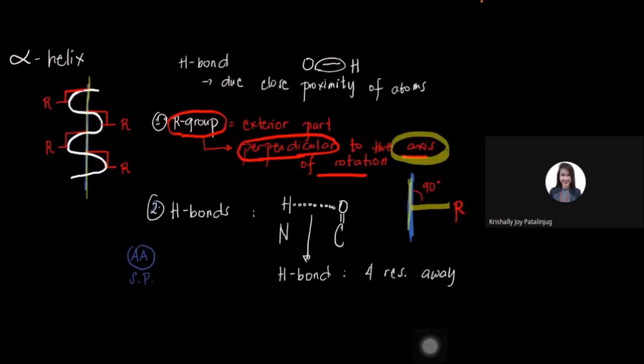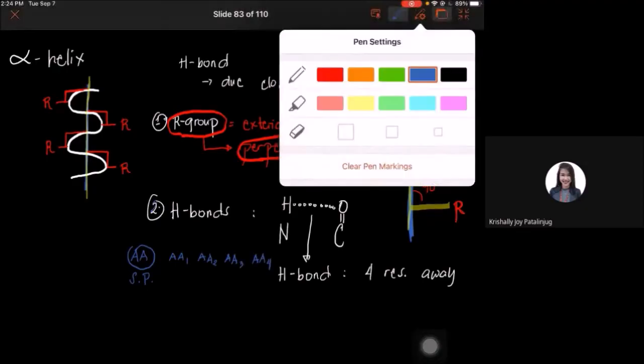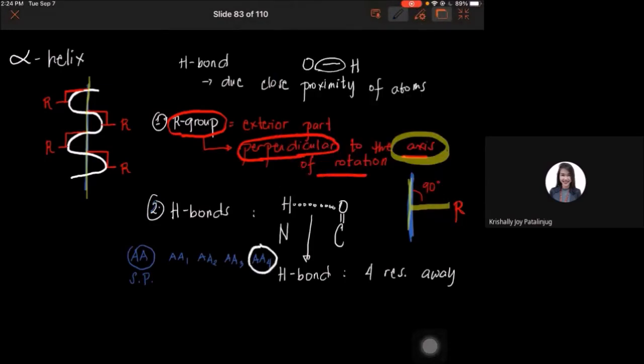Then, you have this, the first amino acid. The following ha. Doon ka magbibilang ng unang amino acid na interval bago mabuo yung H bond. So you have pangalawa, pangatlong amino acid residue, pang-apat na amino acid residue. So doon sa pang-apat na yan, dyan mabubuo yung hydrogen bond.